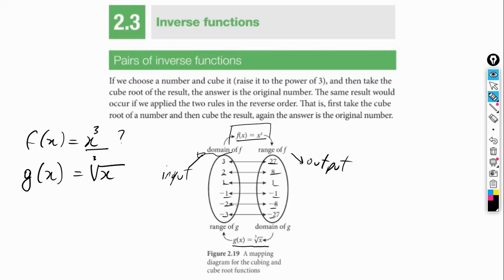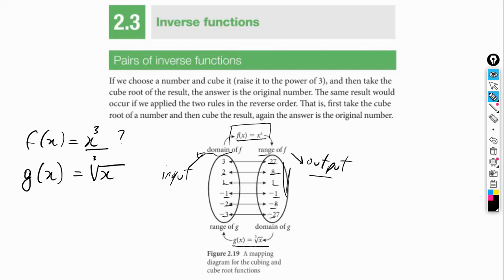And that is known as the range, right? The range is the output values of the function. So when we cubed 3, 2, 1, negative 1, and so forth, we would get these values here. So this is the output or the range of x cubed.